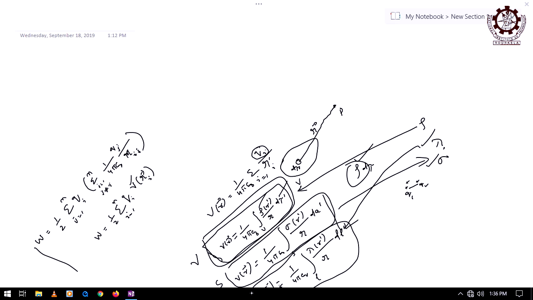right. So, when there is uniform charge distribution, then only you can do it this way, but if it is a group of non-uniform point charges, then the other way: add them all, summation. Here it is integration, right. So, this is about the potential due to a group of charges non-uniformly distributed.